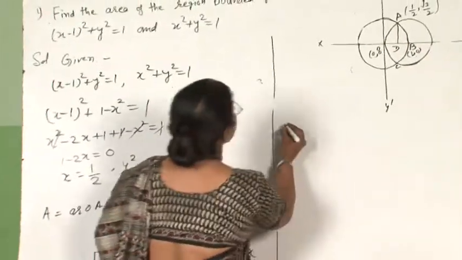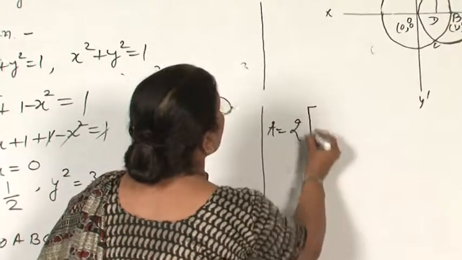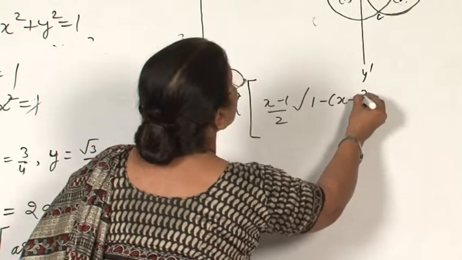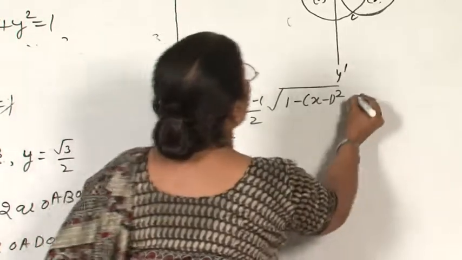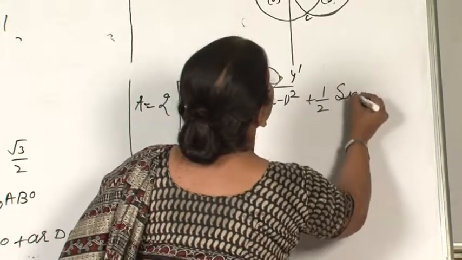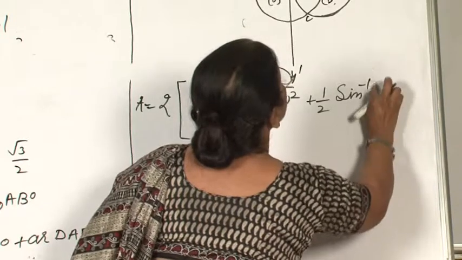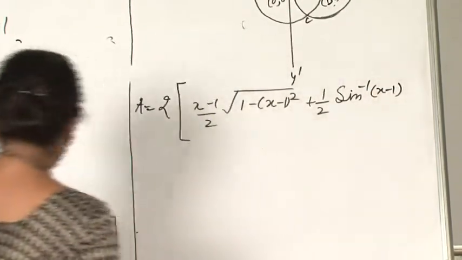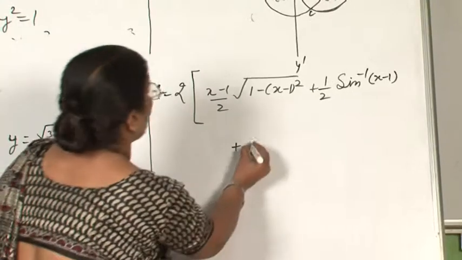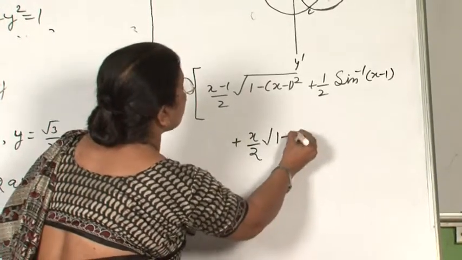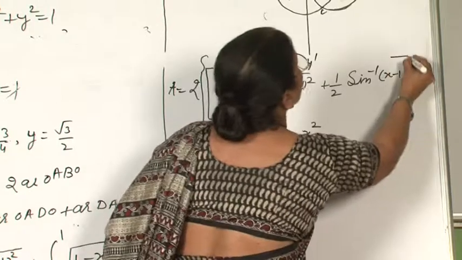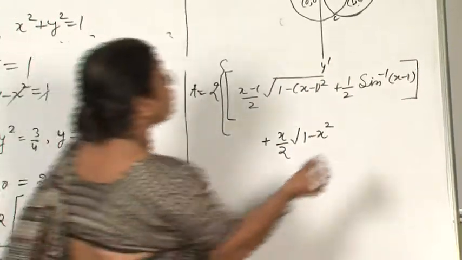So, this is (x minus 1) by 2 under root 1 minus (x minus 1) square plus a square by 2, that is 1 by 2, sine inverse (x minus 1), with limit 0 to 1 by 2.